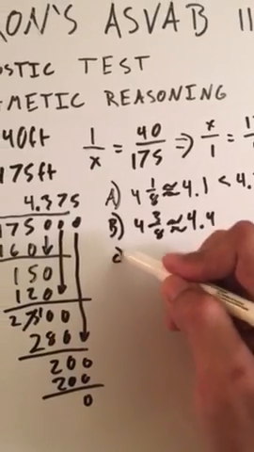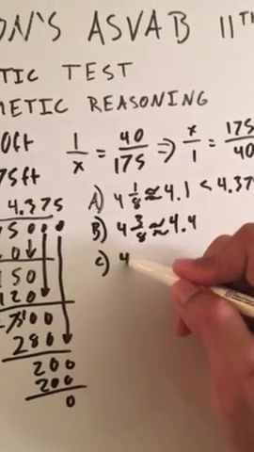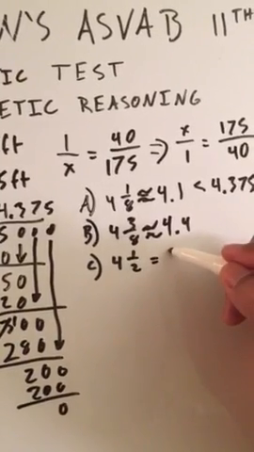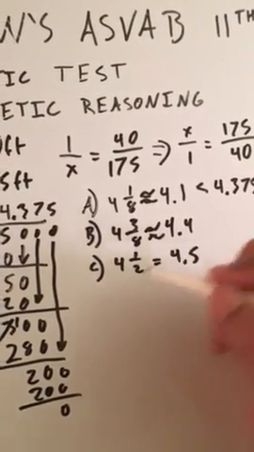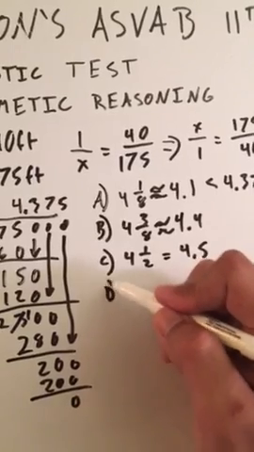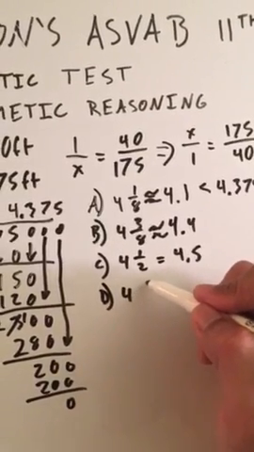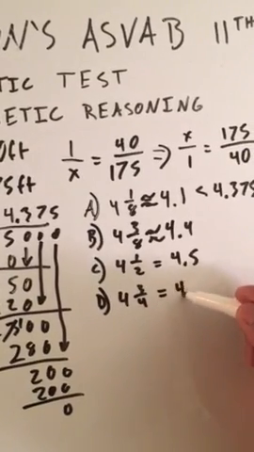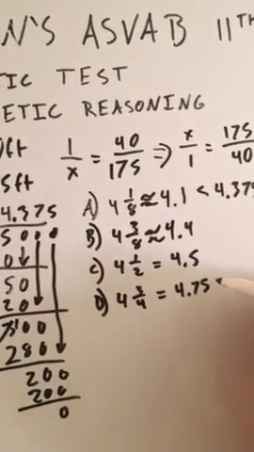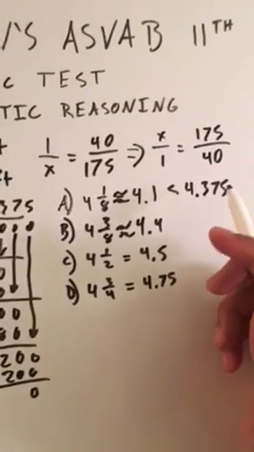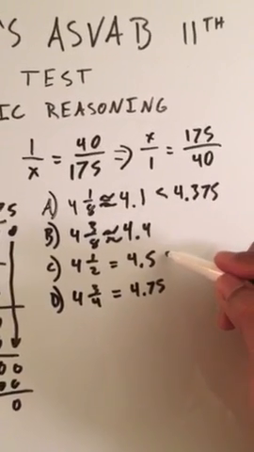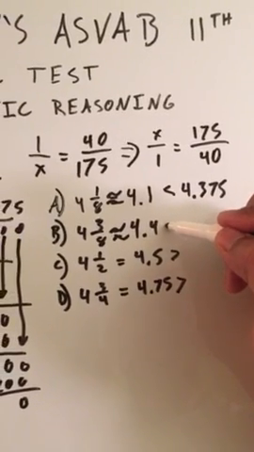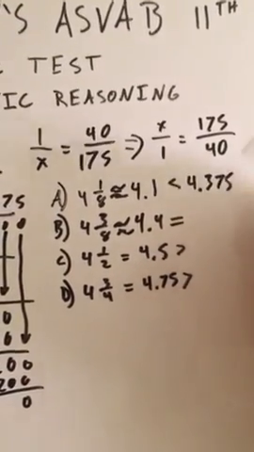We have C, which is 4 1/2, which is obviously 4.5, and D, which is 4 3/4, which is 4.75. So this one is too large, this one's too large, and this one looks like it's about right.